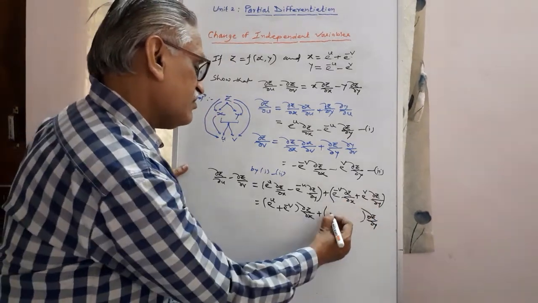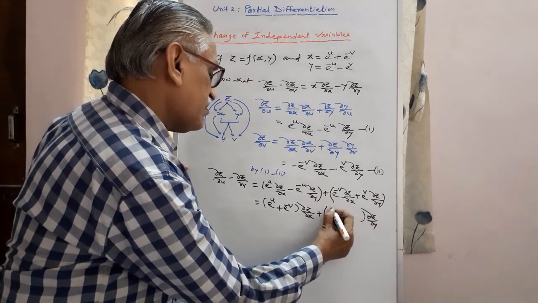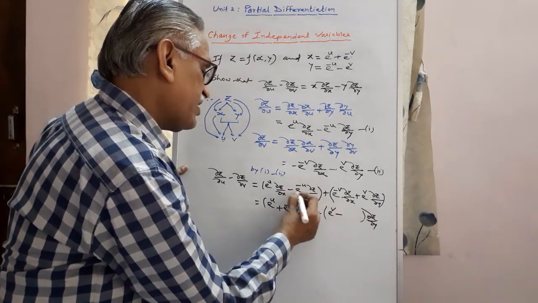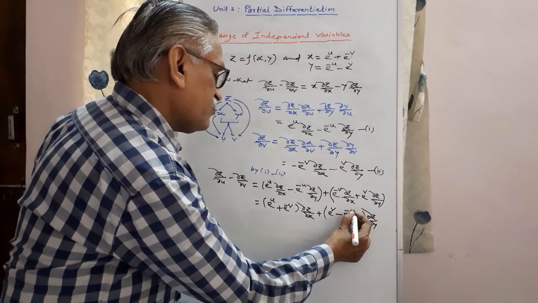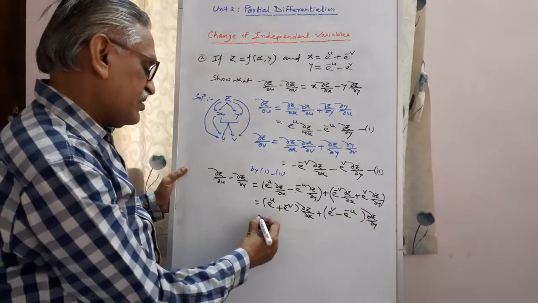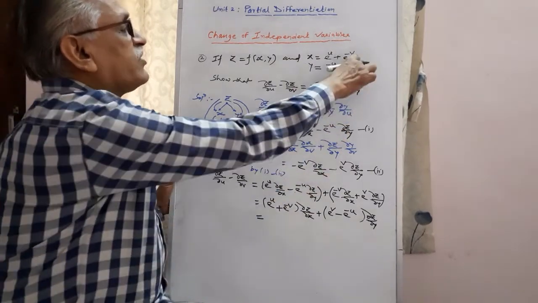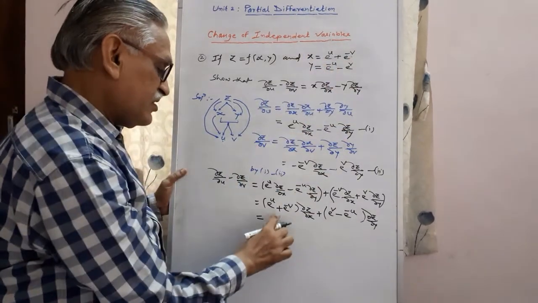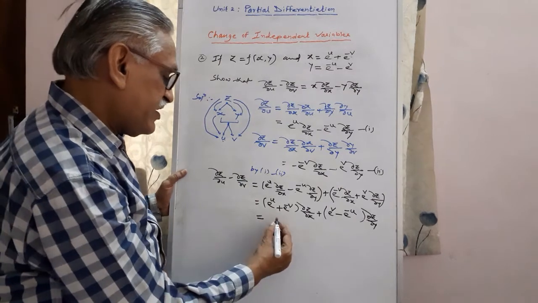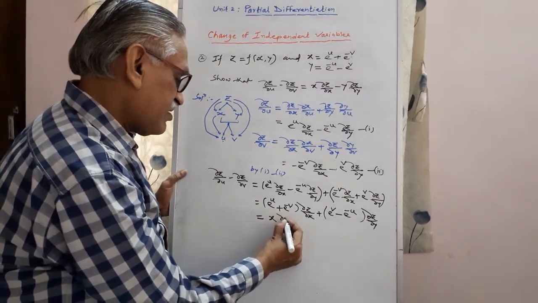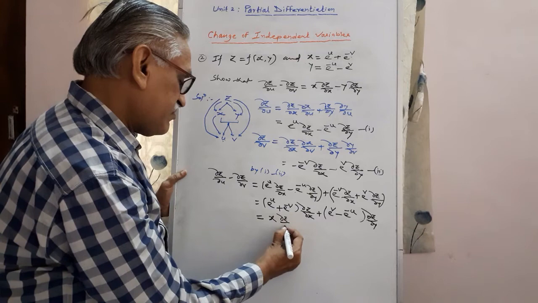Here it is e raised to v and minus e raised to minus u. Okay, and therefore e raised to u plus e raised to minus v is nothing but x. Therefore, if we replace here, we get x dou z by dou x.